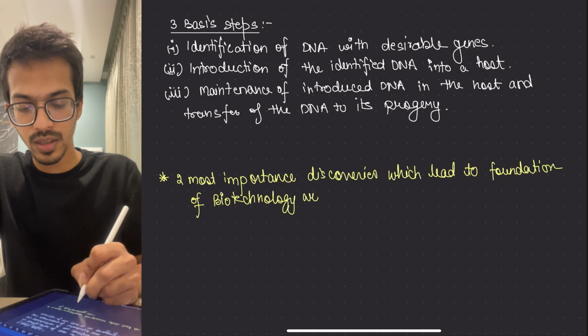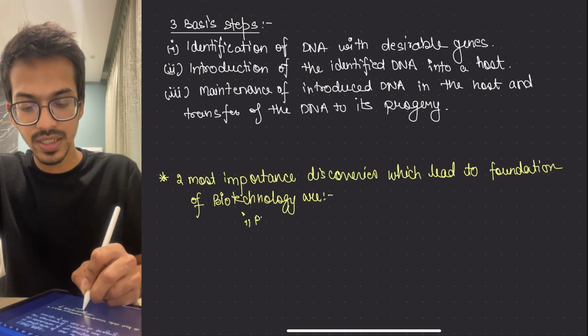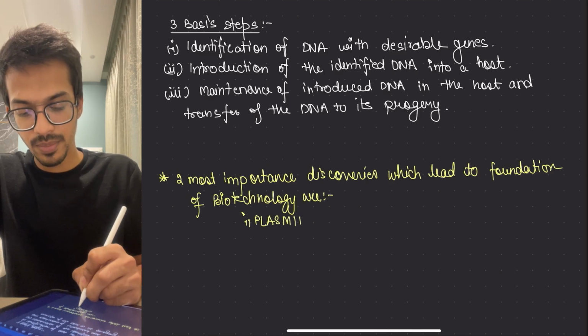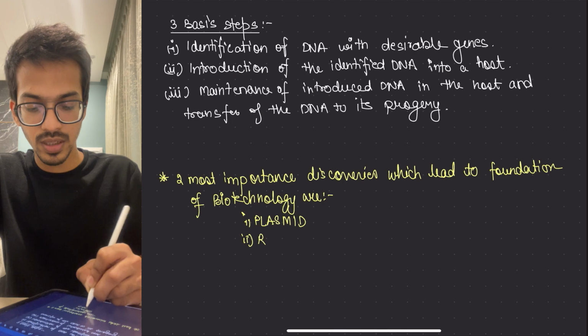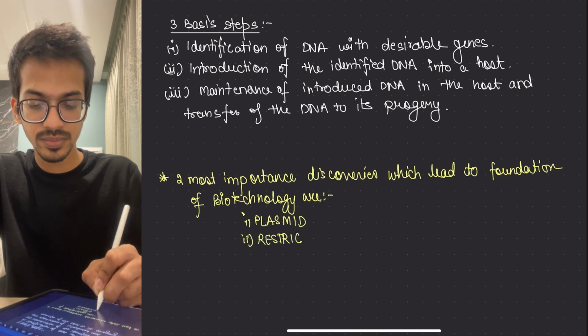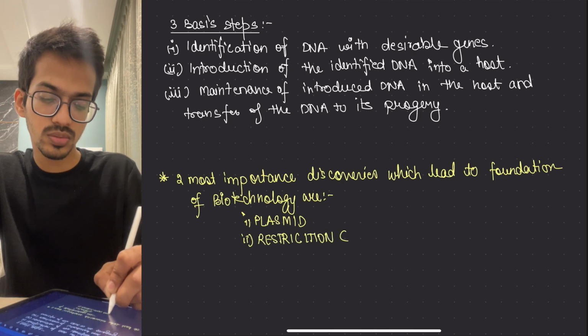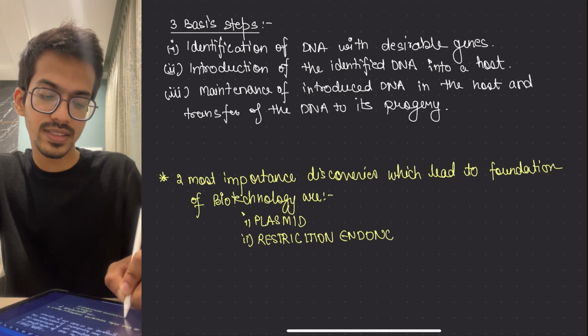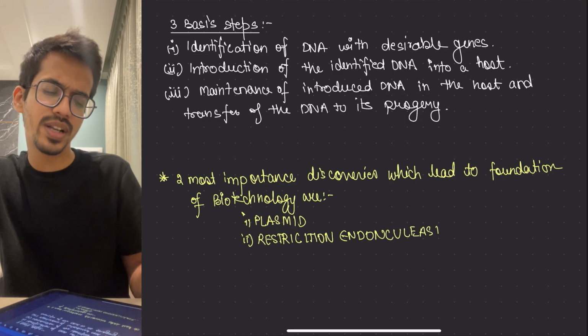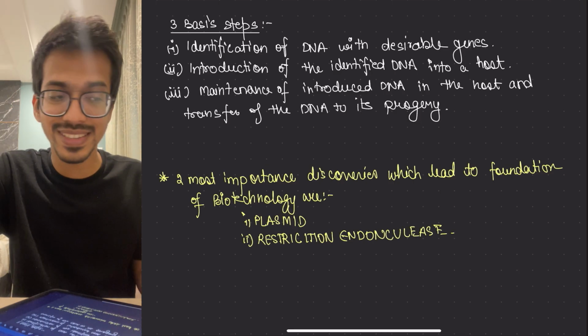Number one is plasmid, number two is restriction endonuclease. What it is, how it is, we are going to be learning all these things.